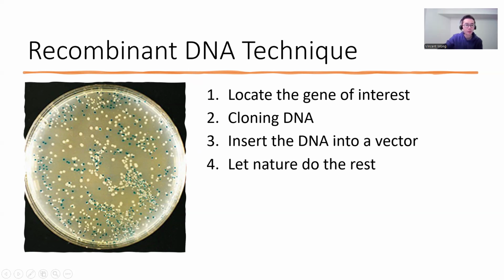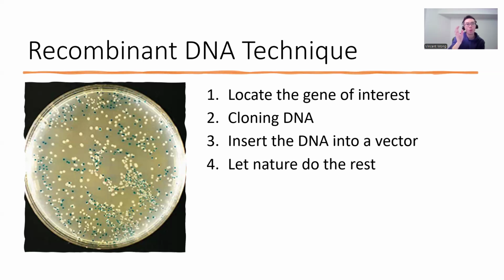This is an agar plate. That's what you use to grow bacteria on. Each of these little circles is a colony of bacteria. In this particular picture, some of the bacterial colonies are white, some are blue.